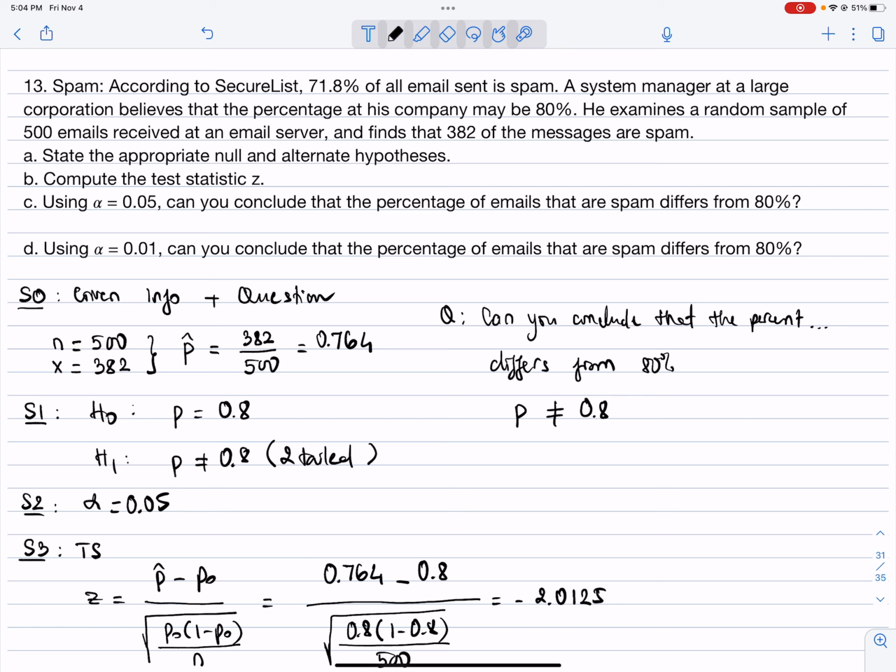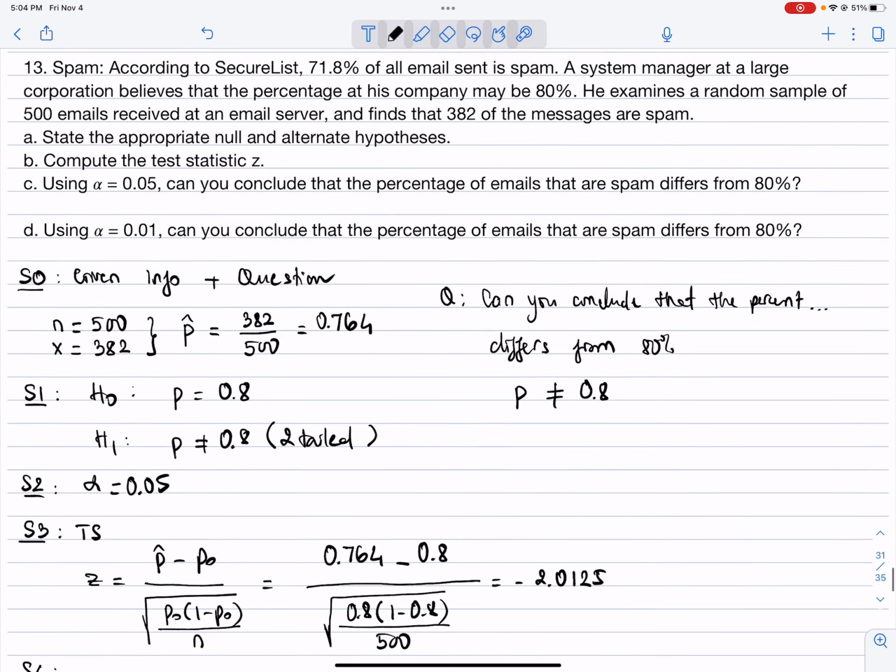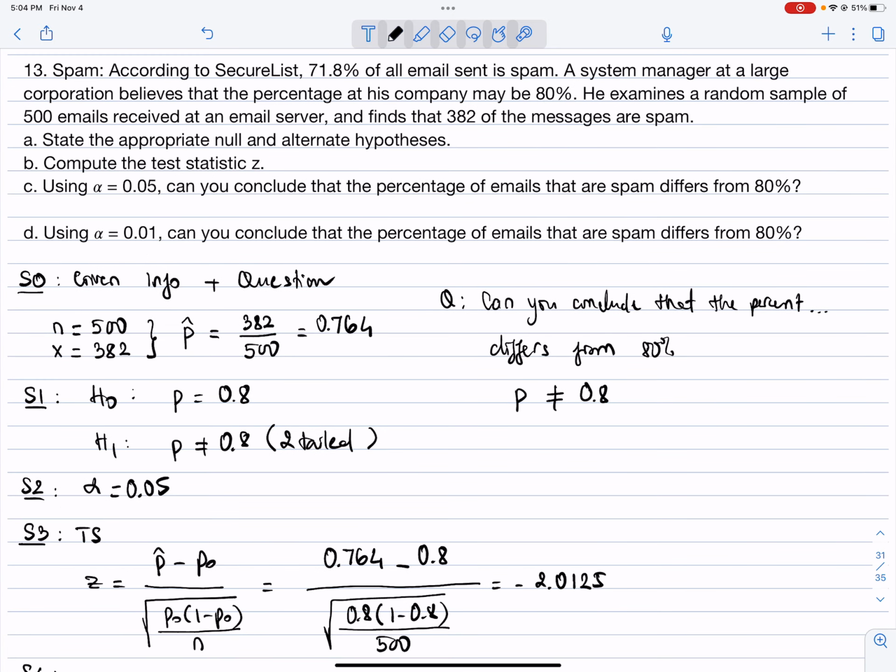So I already worked on the problem, so I want to save time, but I will explain this to you. In step 0, we are writing down the information and the question. The numbers 500 and 382: he examined a random sample, so that is the sample size, so n is 500.